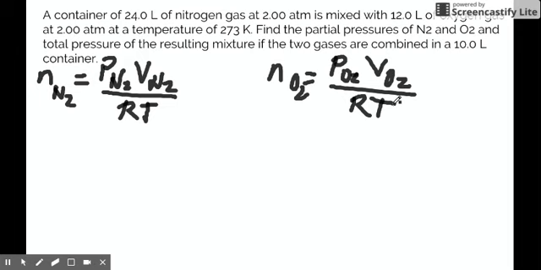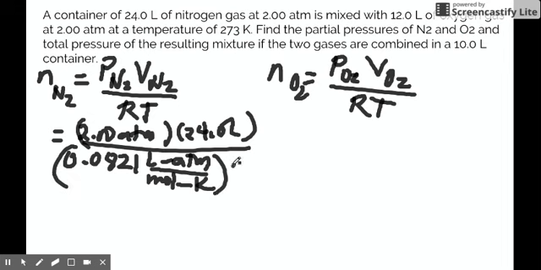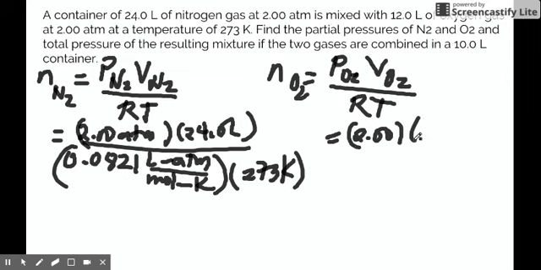Now, please make sure that you substitute the right values. For P of N2, it is 2.00 atmosphere times the volume of N2, which is 24.0 liters, divided by 0.0821 liter atmosphere per mole Kelvin times 273 Kelvin. It's the same for P of O2, that is 2 atmosphere. Let me not put the unit because the space is not enough.